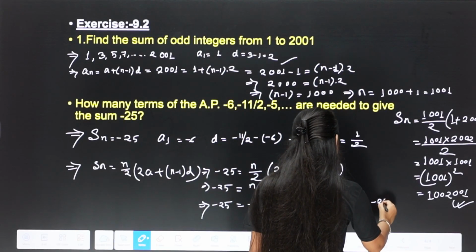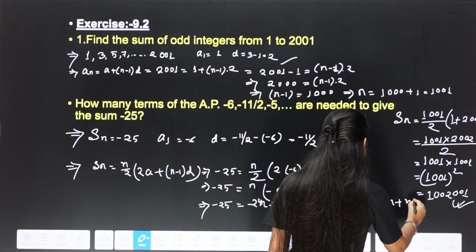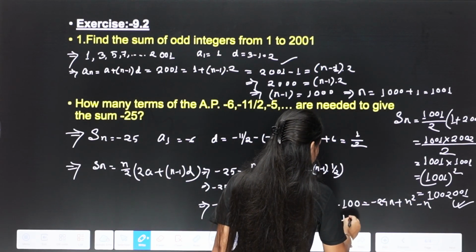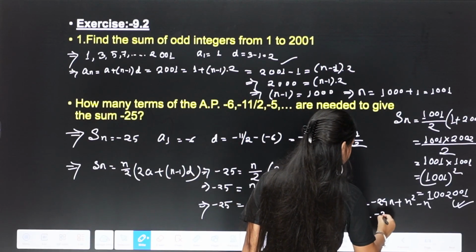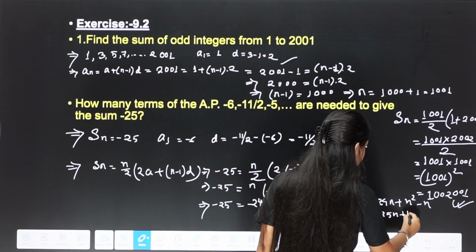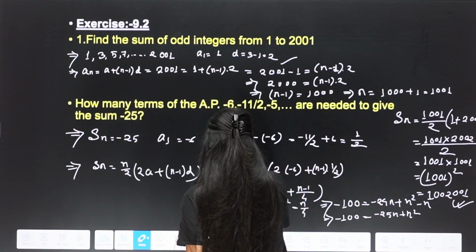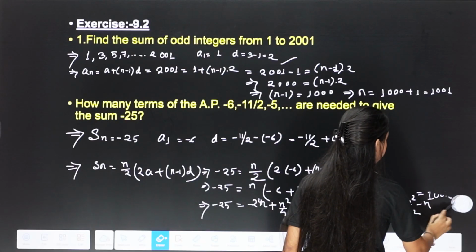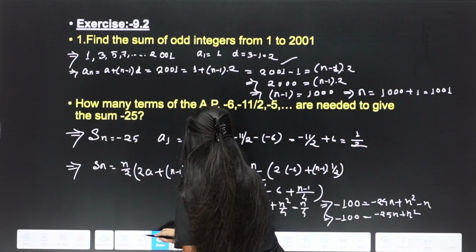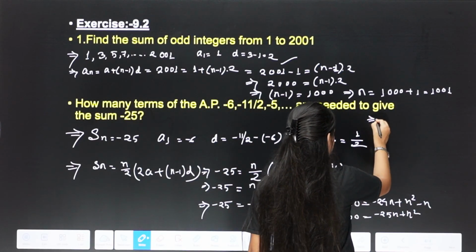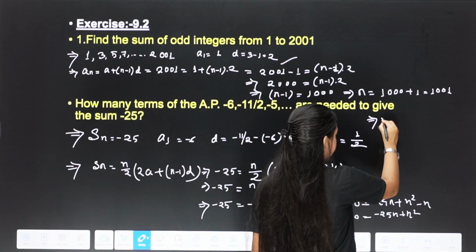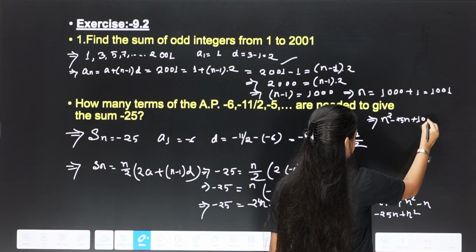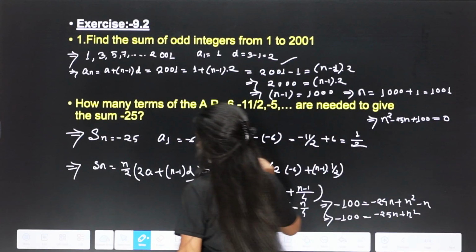Equal to minus 24n plus n square minus n, that is minus 25n plus n square, and that is equal to n square minus 25n plus 100 is equal to 0.